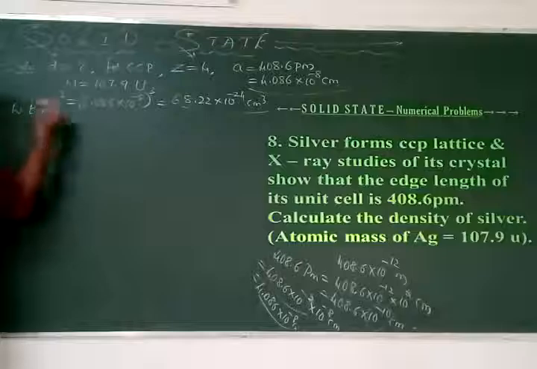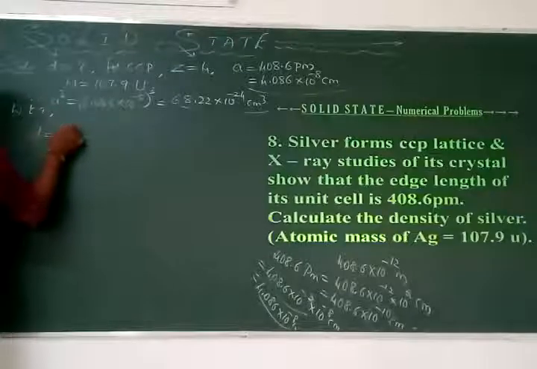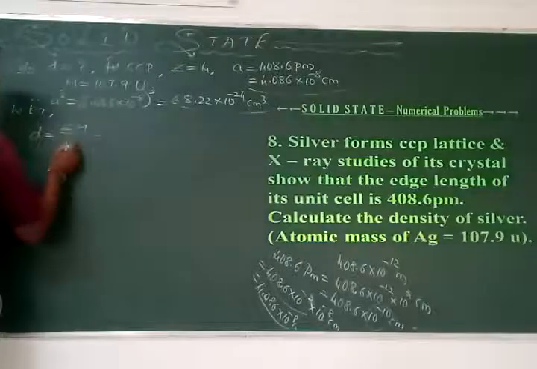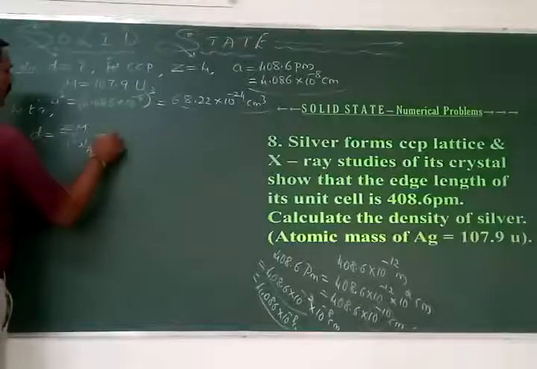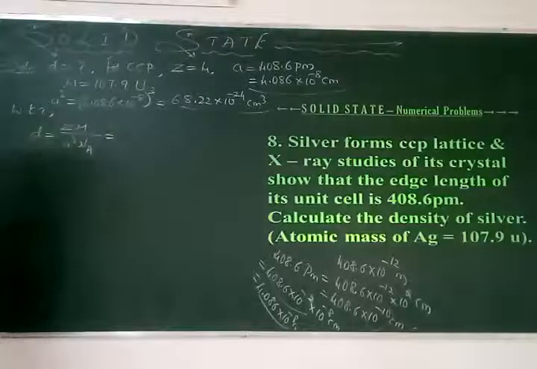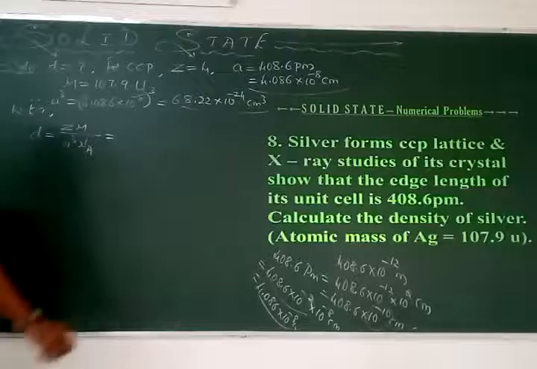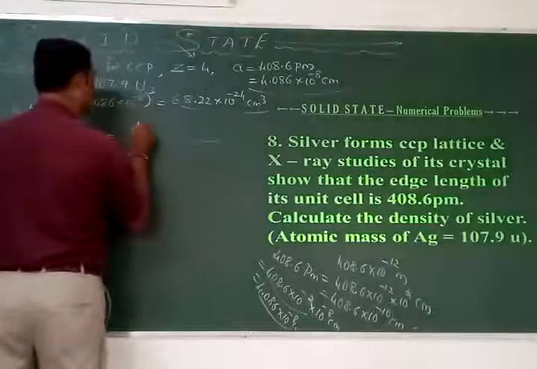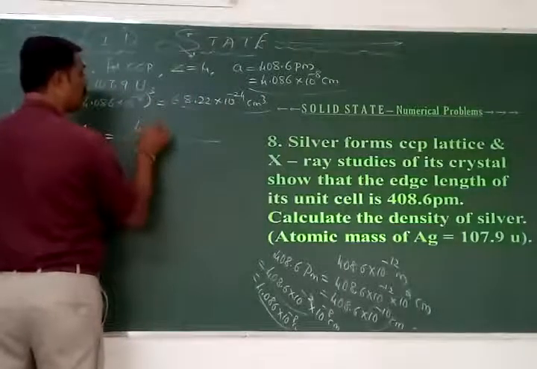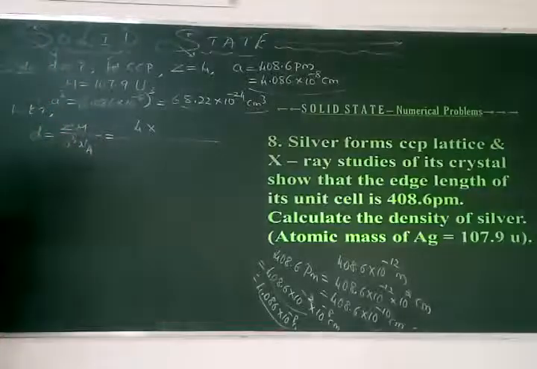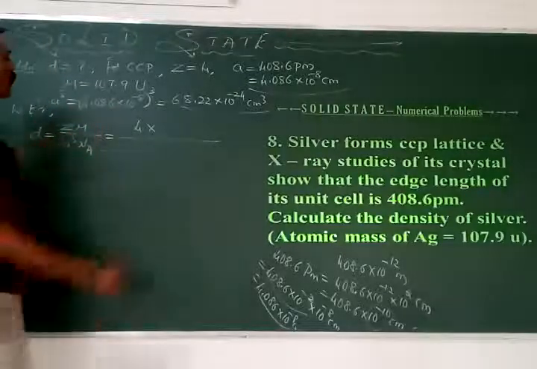So we know the formula: d is equal to Zm by A cube into Na. First, what is Z here? I think it is 4 because it is ccp. What is the molar mass given? 107.9.